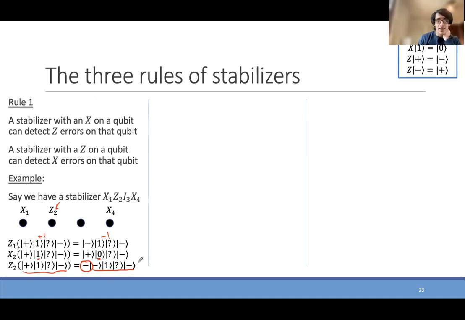So we can't detect this error. We can only detect Z errors here, and we can detect X errors here, but we can't detect X errors here or Z errors here. Okay, that's the first rule of stabilizers.